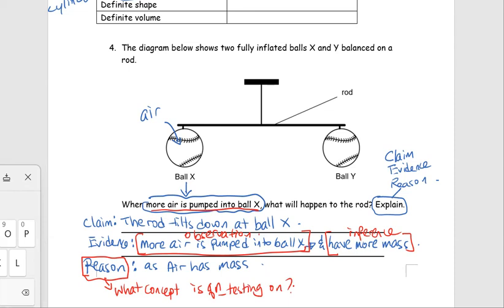And since this is about air, he's definitely testing us on a property of air. So which property of air allows the ball X to go down? It will be air having mass, right? Out of the 4 properties, select the right one.